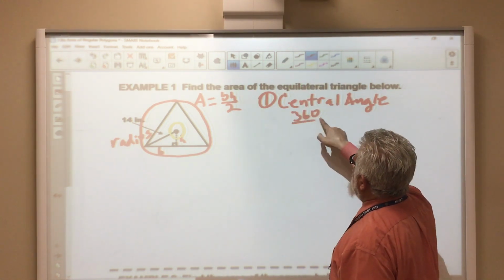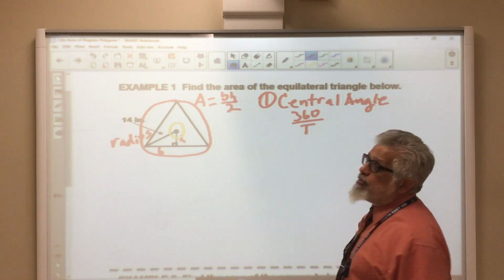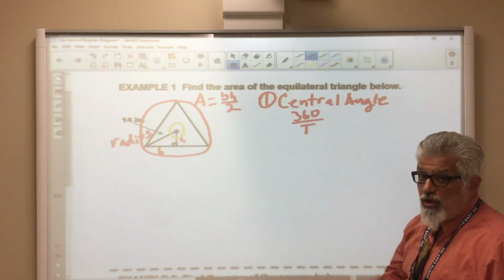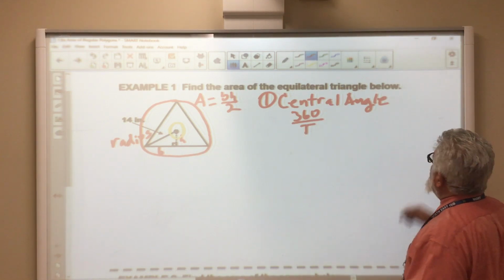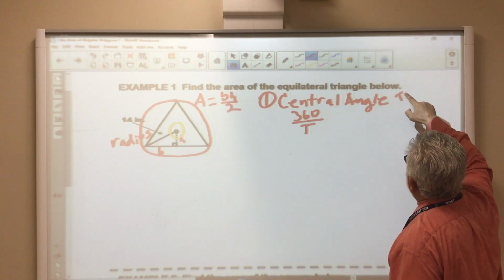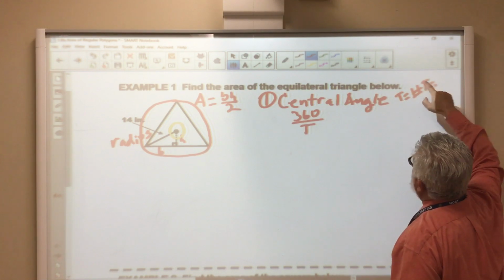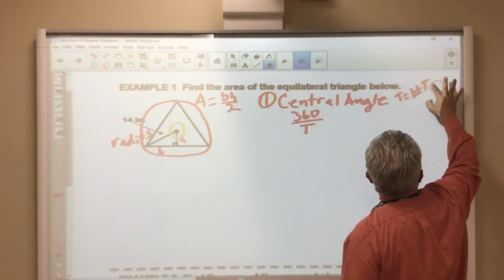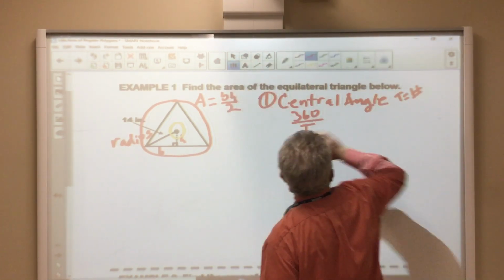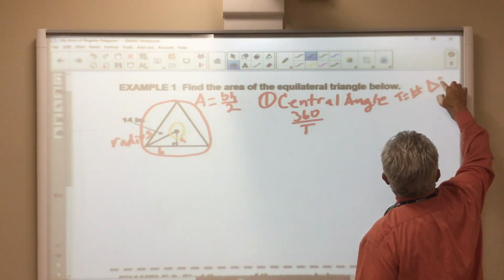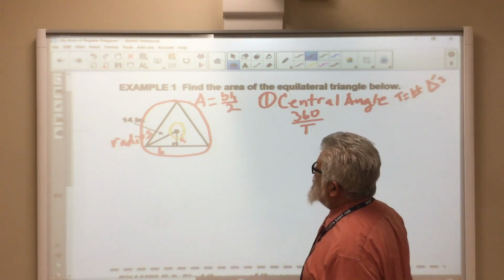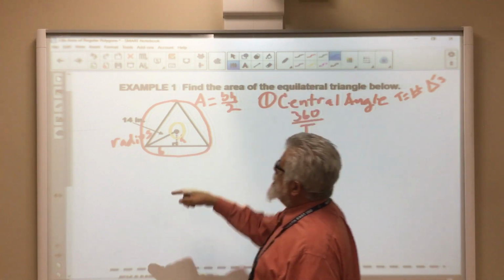And then we're going to take that and divide it by the number of triangles. We're going to get to that in a second. I just want to write here on the side that T is going to equal the number of triangles. Okay, so now I'm going to talk about the triangles.